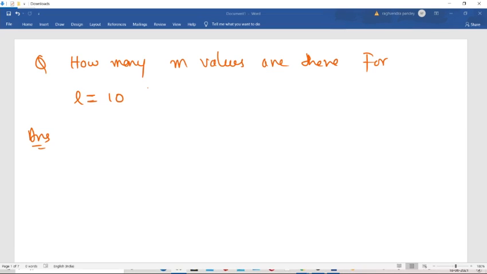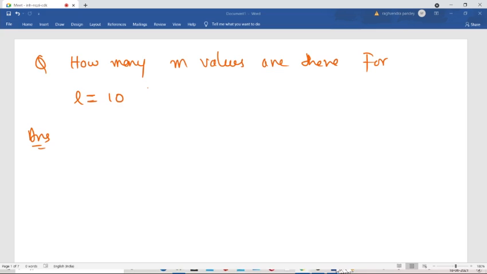Yes, this is the way. Yes, Diti, how many m values are there? Diti, are you here?